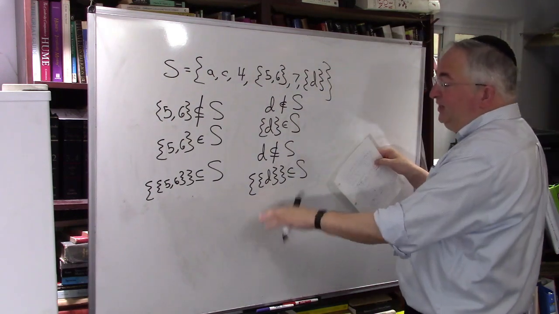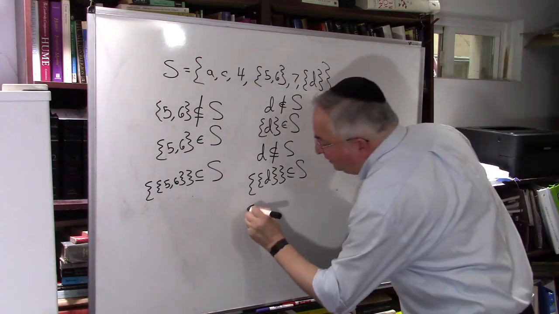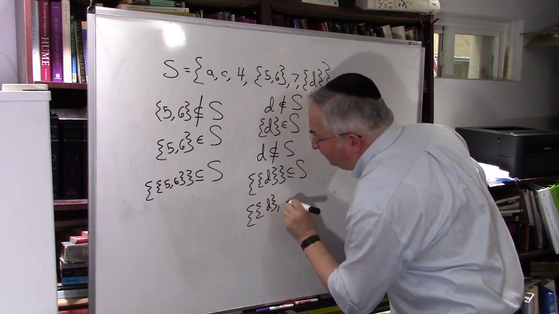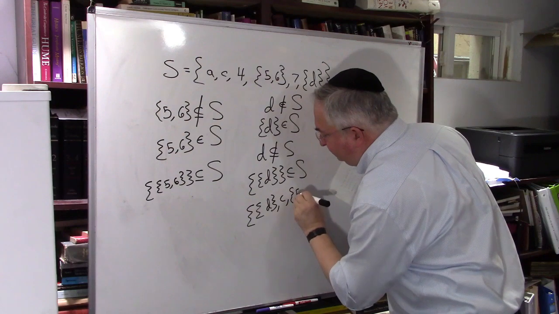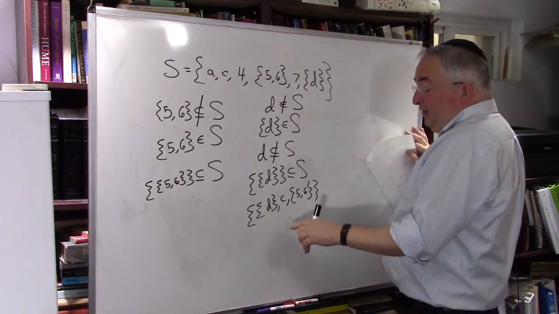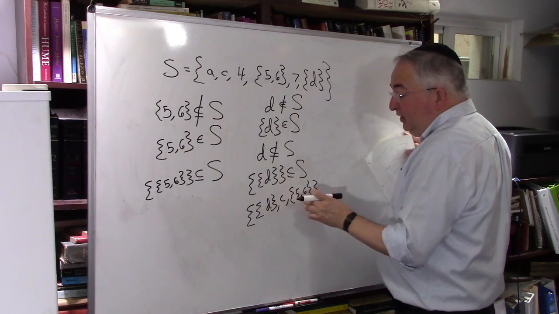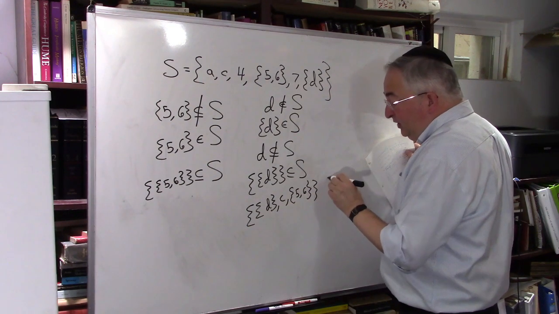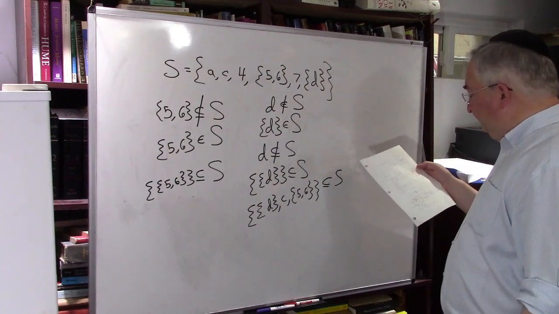The set containing D, this only has 1 element, that's in there. And we could do something like this also. This 3-element set, 1, the set containing D, 2, the set C, 3, the set containing 5, 6, this is a subset of S. That is true.